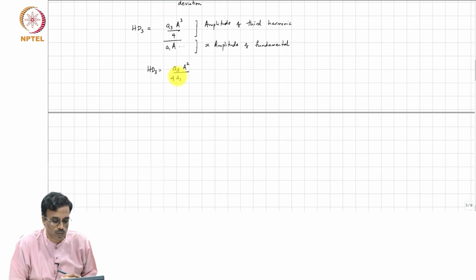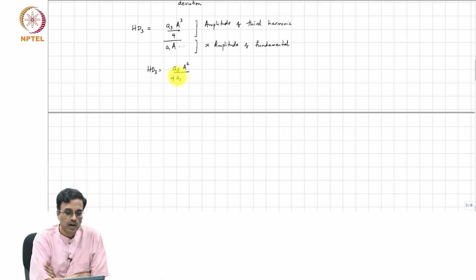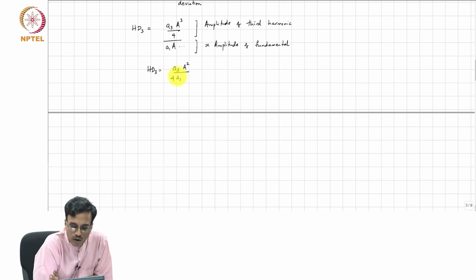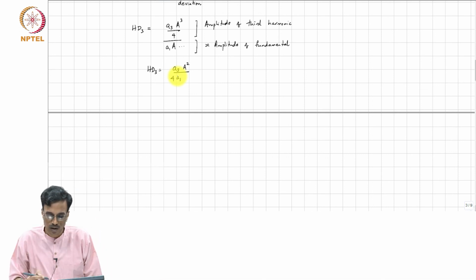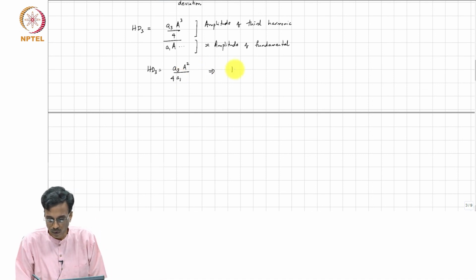And since the amplitude of the third harmonic is proportional to A cube, it follows that the ratio of the third harmonic to the fundamental goes up as A square, right. So, a 1 dB increase in input amplitude A will result in a 2 dB increase in HD3.